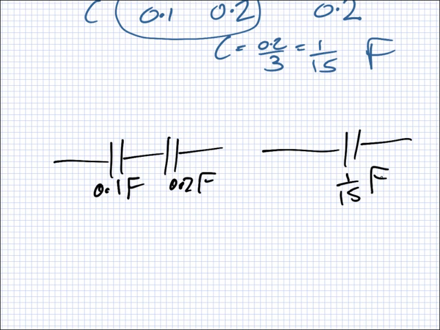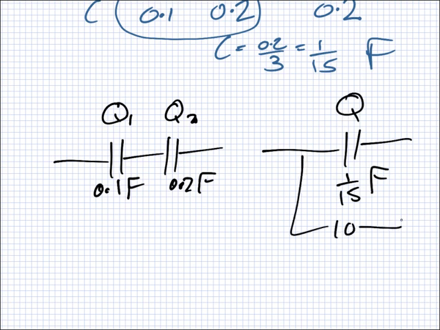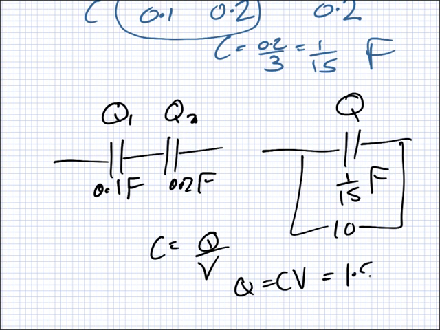I want Q1. Well look, Q1 is the same as Q2, and that's the same as Q. And the voltage is 10. If C equals Q over V, then Q equals CV, which will be 1.5 coulombs. So they both have 1.5 coulombs.